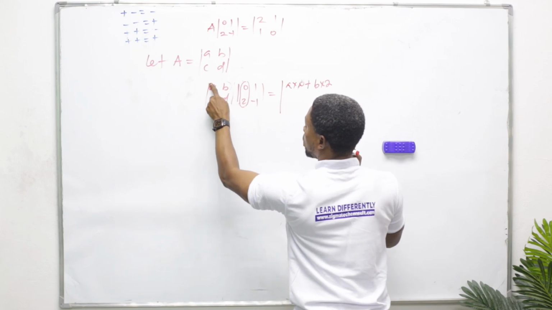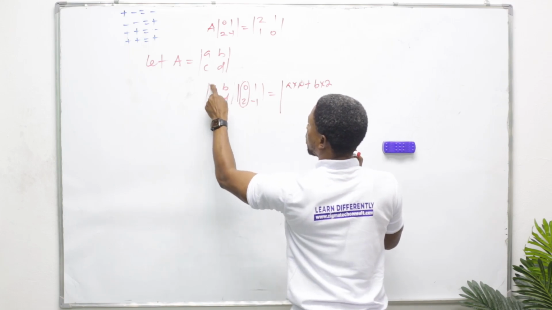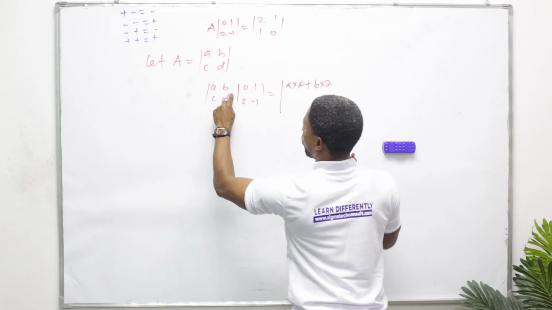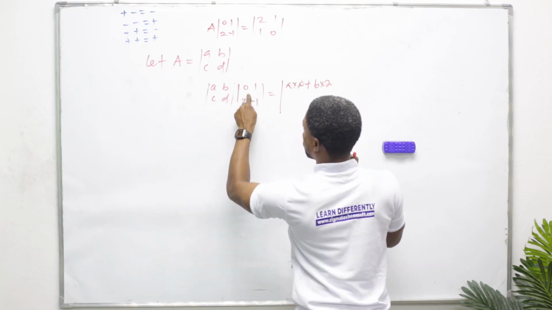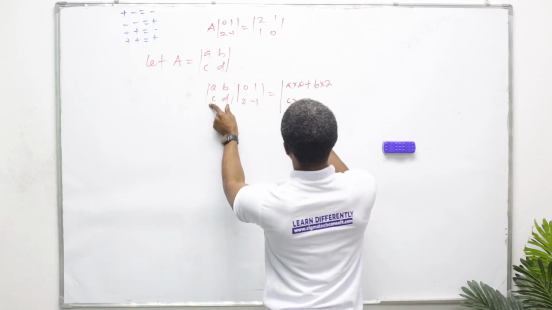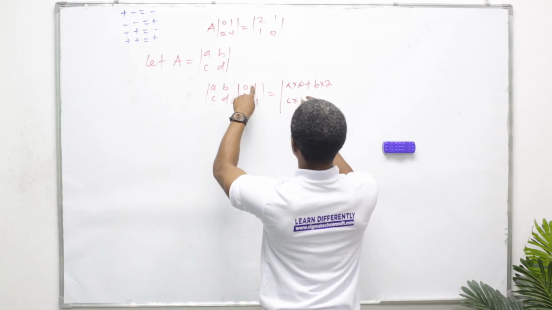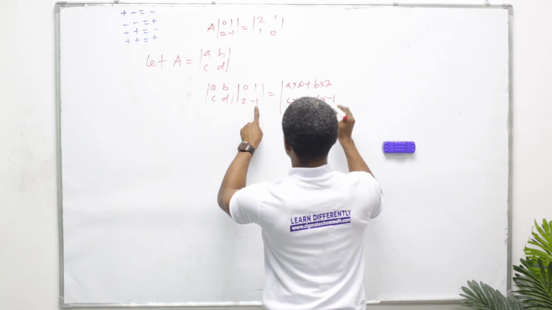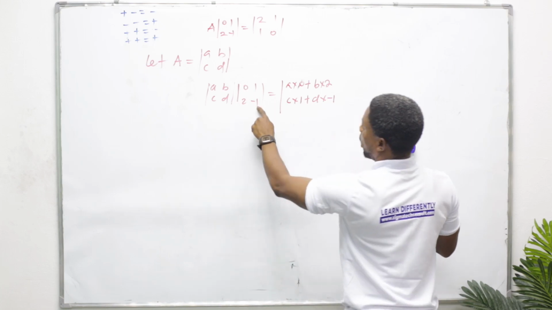Then I'll go to that of C and D. That was for that row. Now for this row, it will pick this column here. This one will now be C times 1 plus D times minus 1. So I'm done with that one.